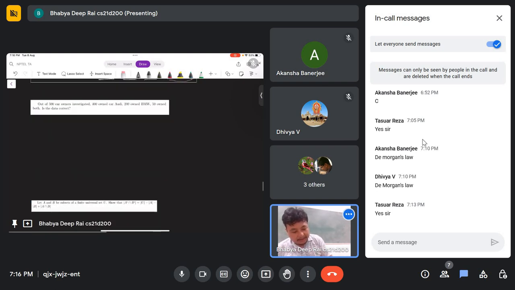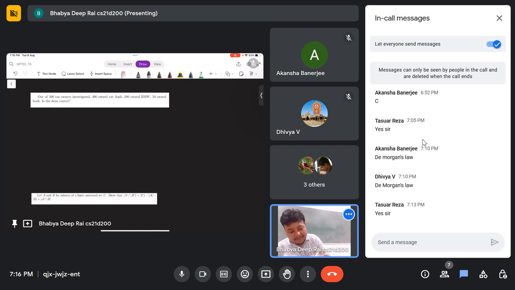Okay, the question is as follows. Out of 500 owners investigated, 400 owned the car Audi, 200 owned BMW, 50 owned both. Is the data correct? That is the question. So let me make a Venn diagram.